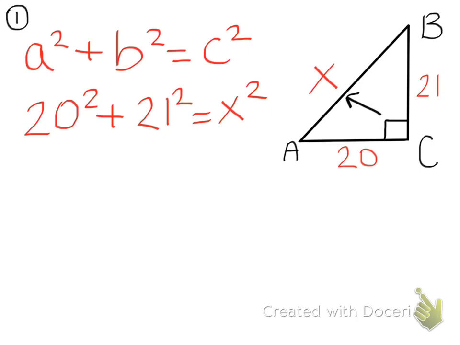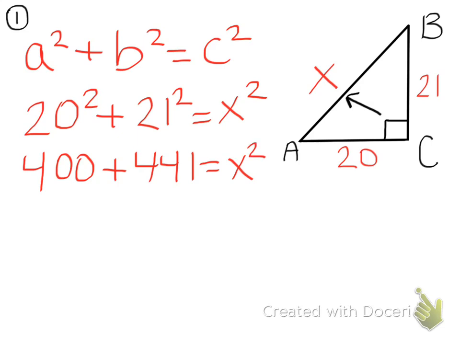Now let's solve this. 20 squared is 400, and 21 squared is 441, and that's all equal to x squared. Then 400 plus 441 is 841, equal to x squared.